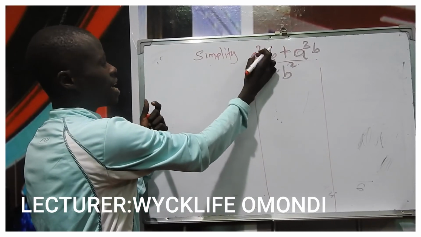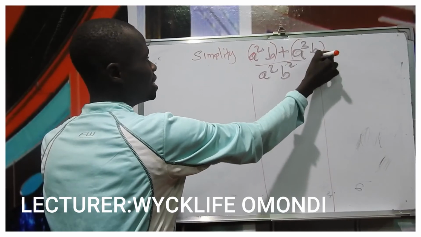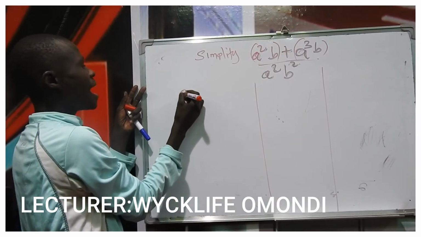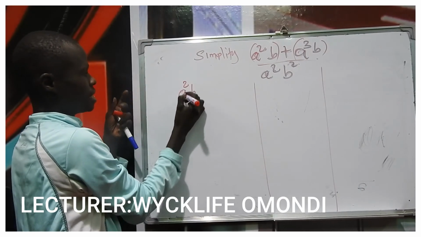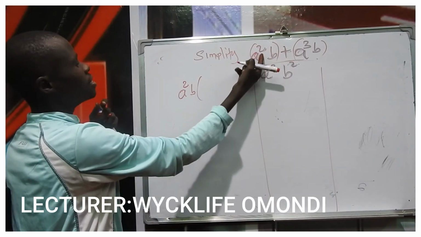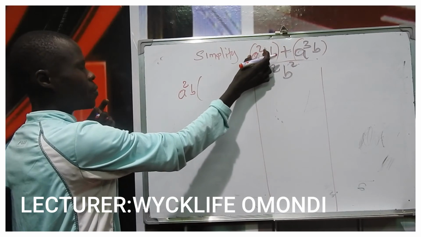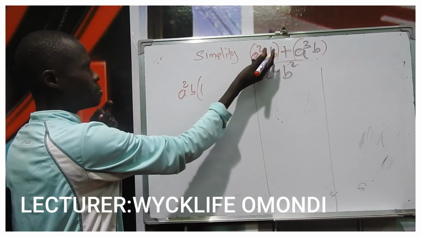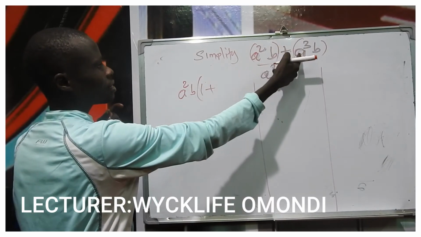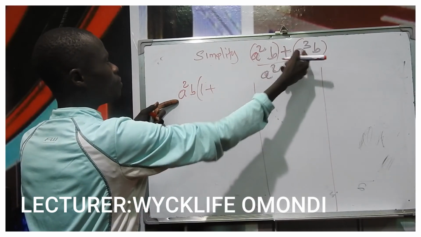So we are going to factorize a squared b, which will leave 1 for a squared b, plus, because we have taken a squared outside, a alone.